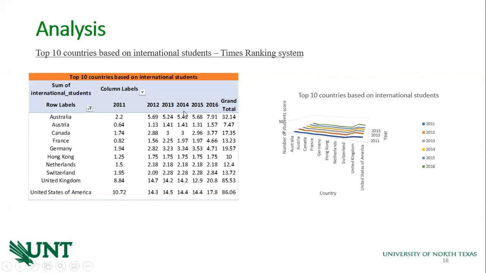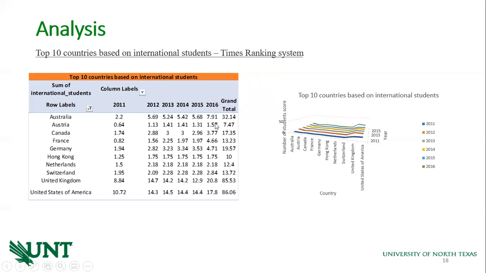If you look at this table, United States of America is consistently attracting more students, right? In 2015, 14.4% of their students are international students. The next best country is the United Kingdom, which is attracting 20.8% international students.